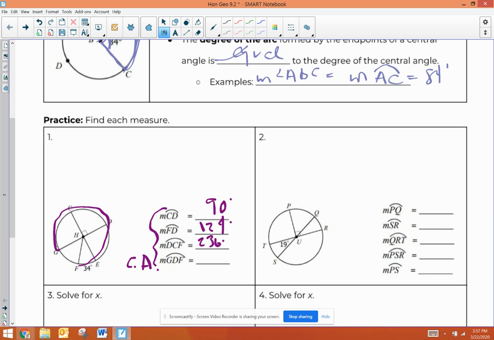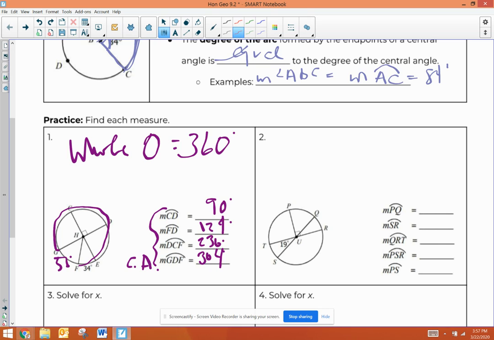Okay, so if I know that this part was 56 degrees and the whole circle is 360, I can just do 360 minus 56, and I get 304. Some nicer handwriting, 304 degrees. All right, you try this one, and I'll catch up to you.